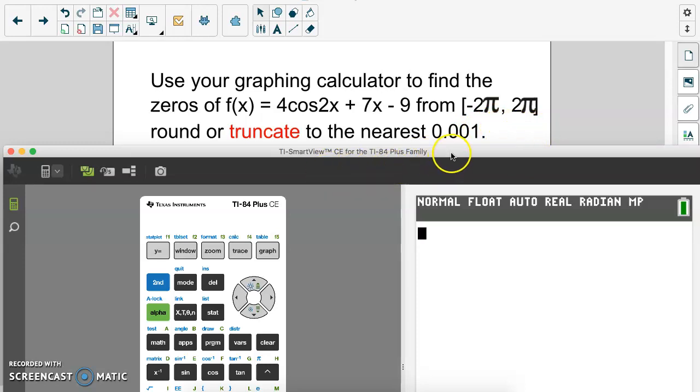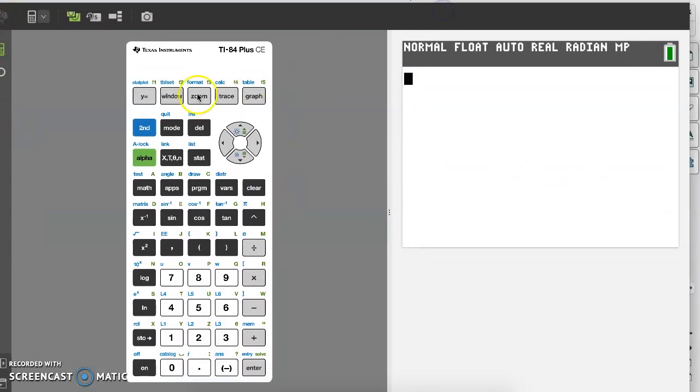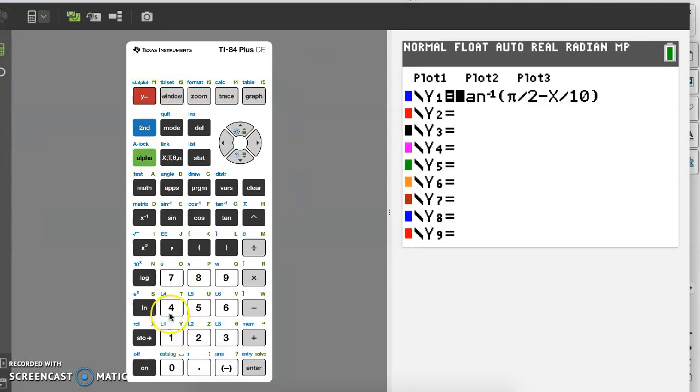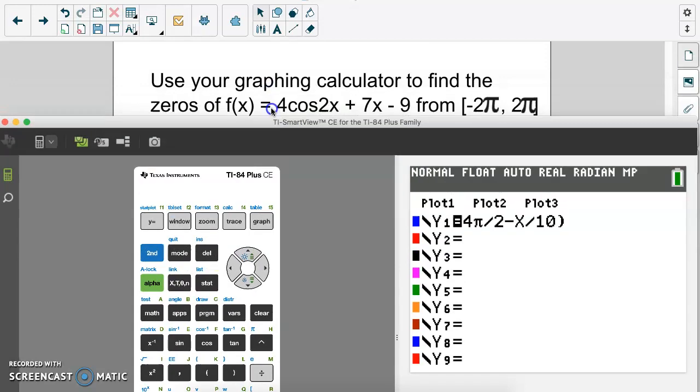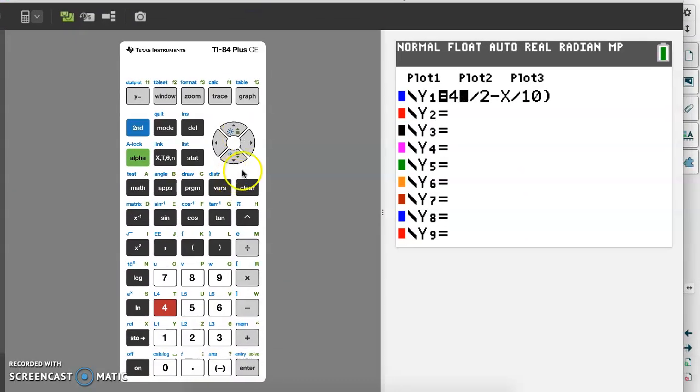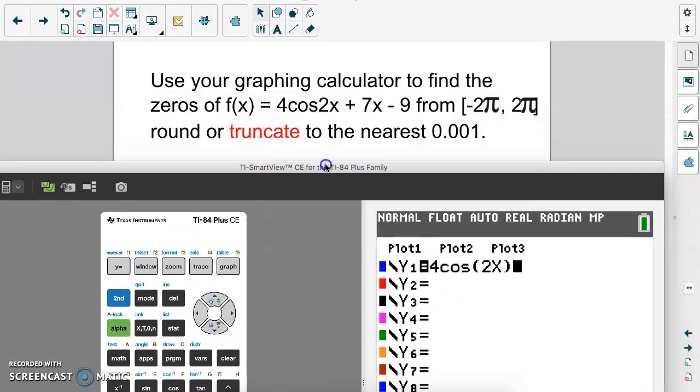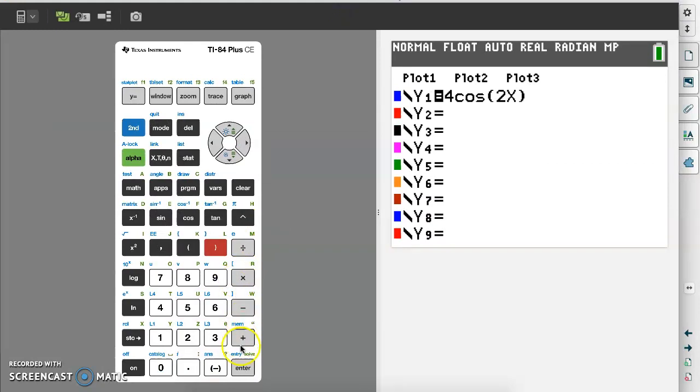So first we're going to type in 4 cosine 2x plus 7x minus 9. Was it 4x cosine 2x? No, just 4 cosine 2x. Oh, I should clear that out first. 4 cosine 2x. Notice it puts parentheses in there for me. Plus 7x minus 9. Don't forget to close the parentheses.